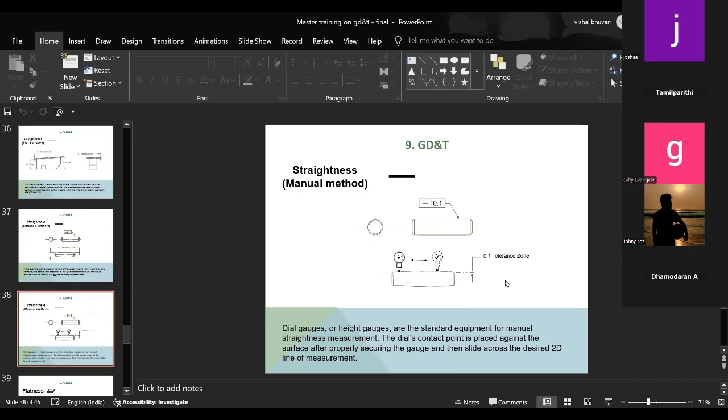The cylindrical feature is arrested in a V block or any other clamping fixture. The part or dial gauge is set to move in a linear direction, so the variation will be noted on the dial gauge. If the variation is below this tolerance, then the part is okay. If it goes above this 0.1 tolerance, then the part is out of spec.